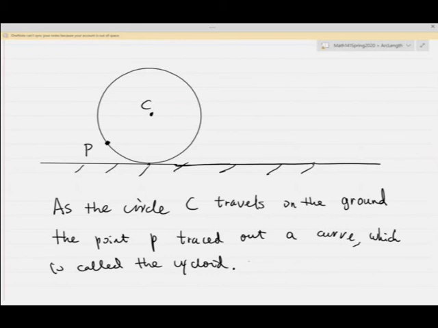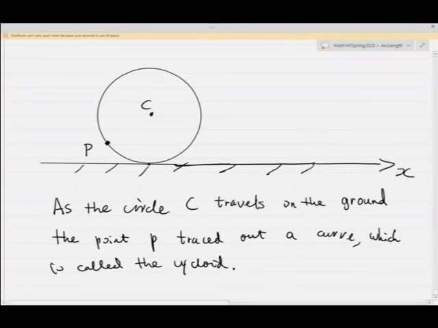Now, how do we write down the equation of this cycloid? Parametric equation. Let's make some observations. How do we write down the coordinates of P? First of all, we put in coordinates.